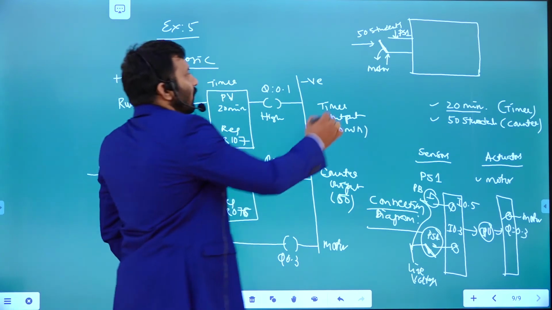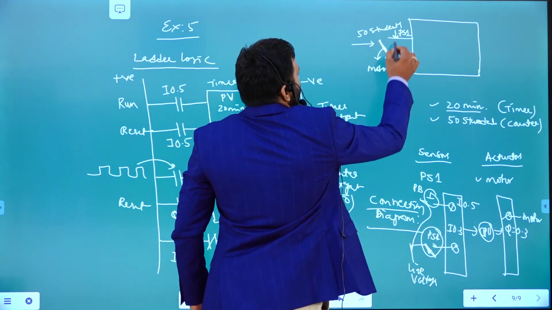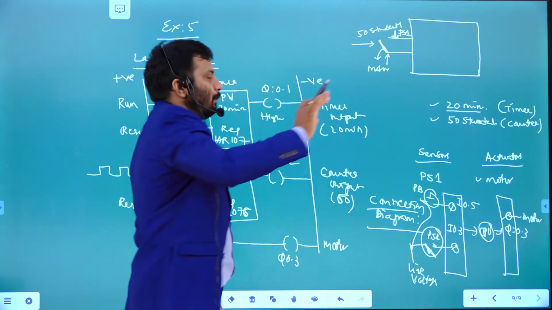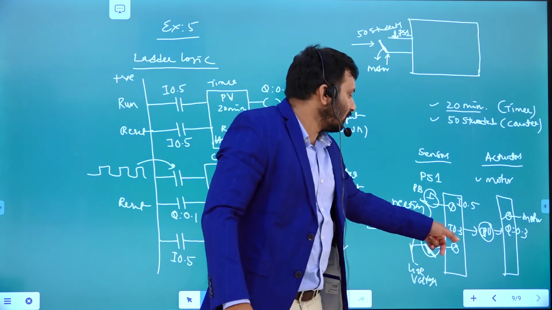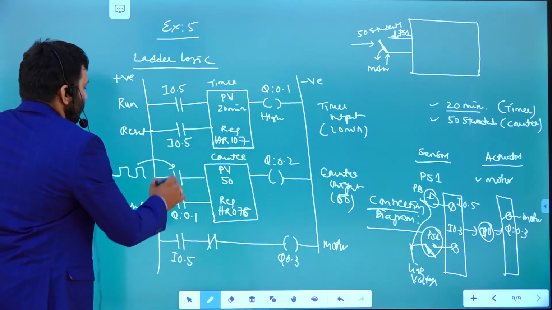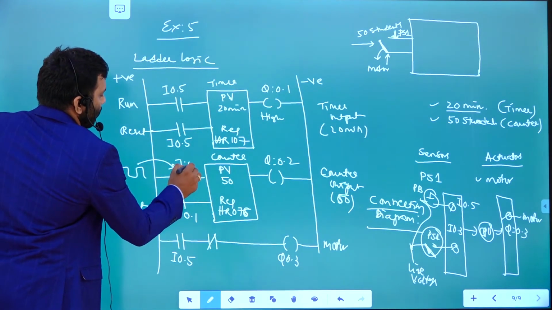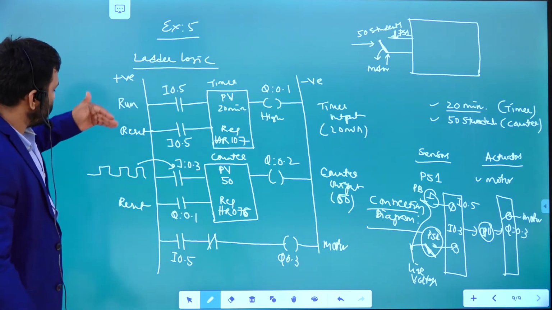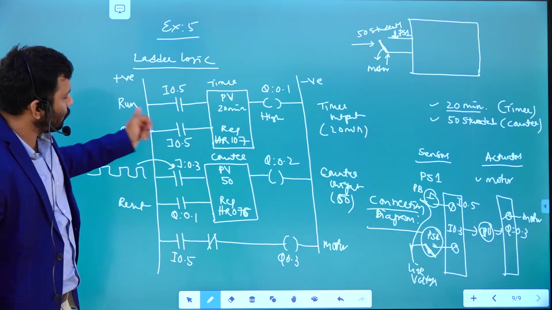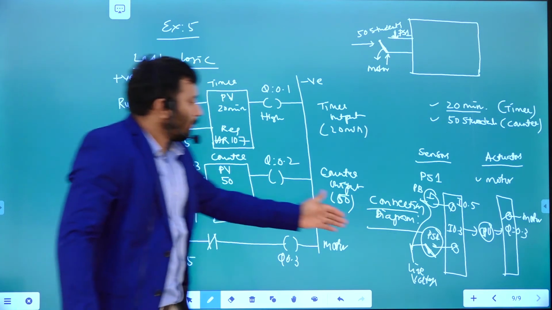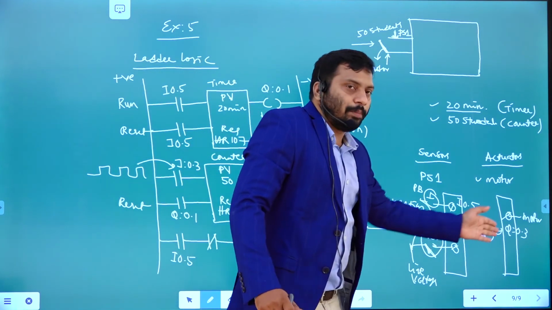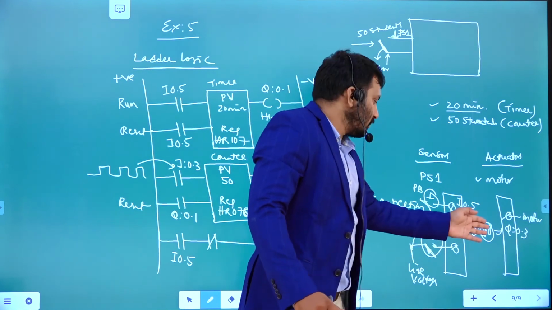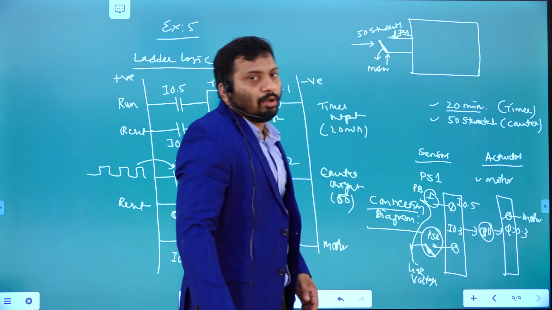Then if any one student enters this particular room, the proximity sensor gives one pulse. The proximity sensor is connected to terminal I 0.3, that is the reason here you need to give address 0.3. For every one student entering this room, it gives one high pulse to the CPU through this proximity switch.